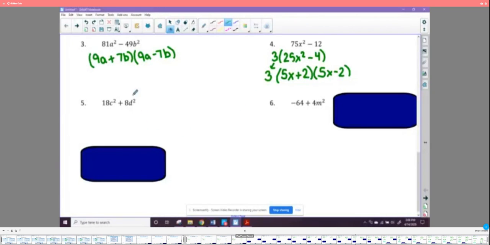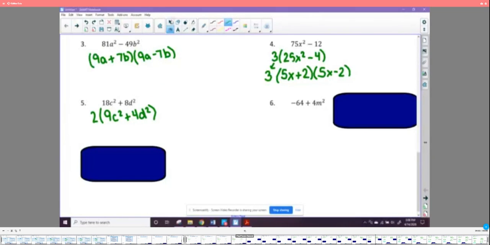Number 5. Do we have a greatest common factor here? We do. And it is 2. We factor out a 2. We're left with 9c squared plus 4d squared.